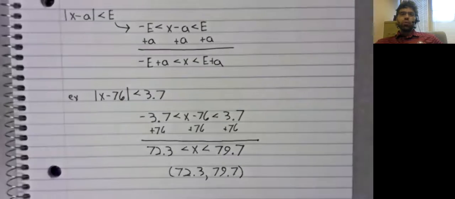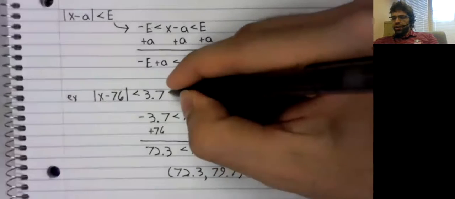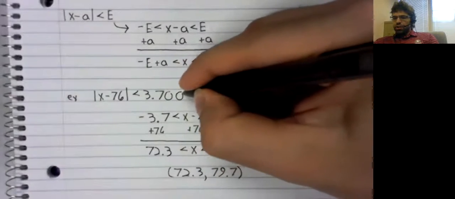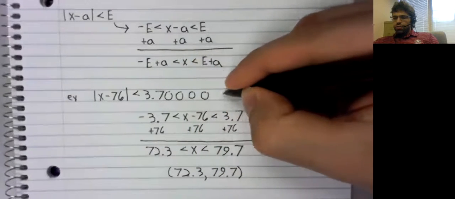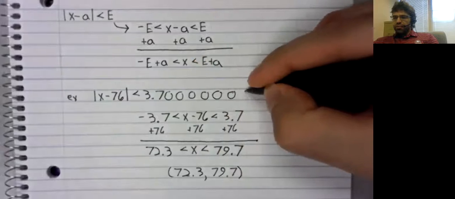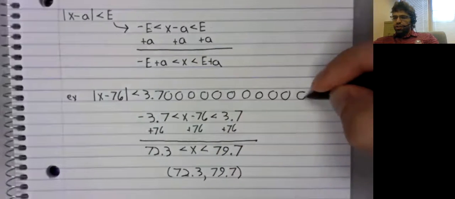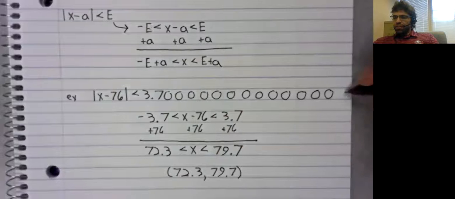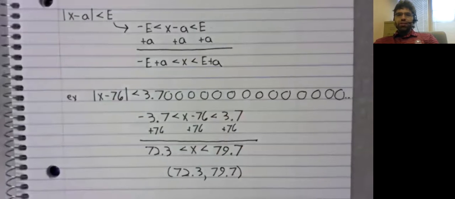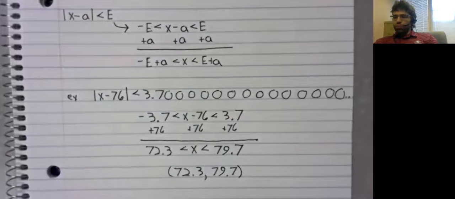When you're working with margins of error, it really doesn't matter if you have a less than or a less than or equal to. That might seem surprising, but 3.7 is 3, then 7, then an infinite number of zeros.